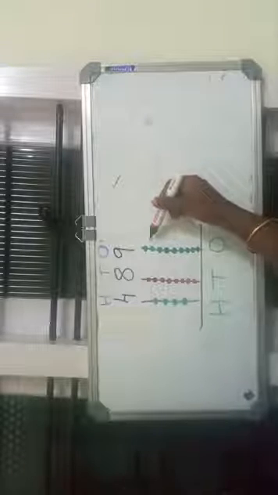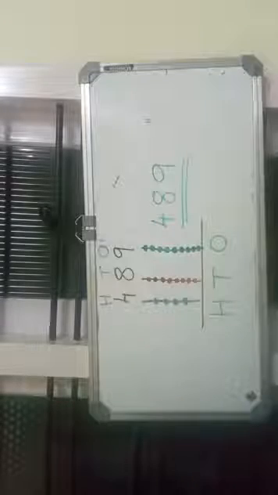Then let us write the number. In ones place how many? 9. So we will write 9. In tens place how many? 8. So write 8. In hundreds place 4. So we got the number 489.